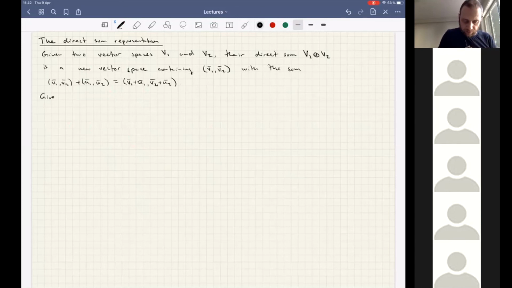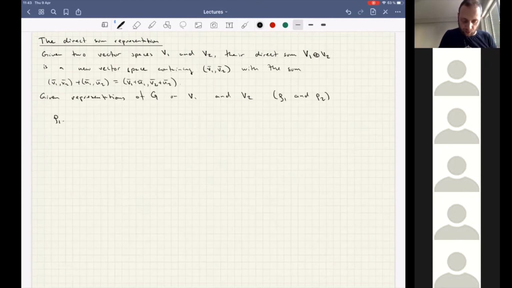So given representations of some group G on v1 and v2, let's call them ρ1 and ρ2, just as before, we can define the action of the direct sum representation as follows.